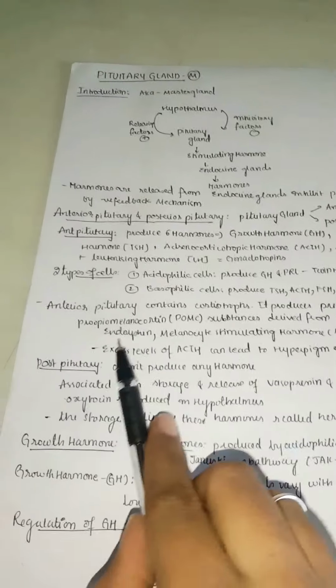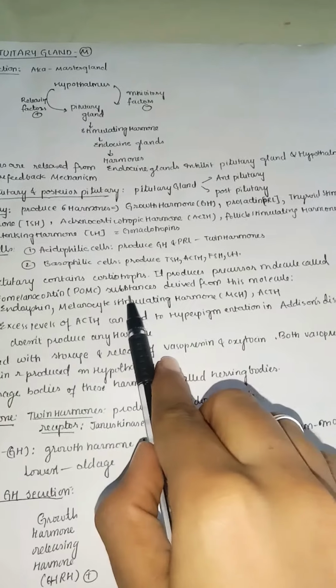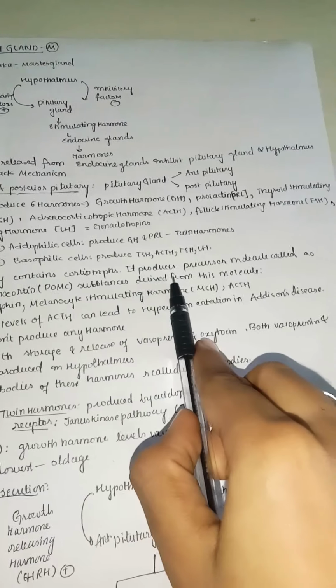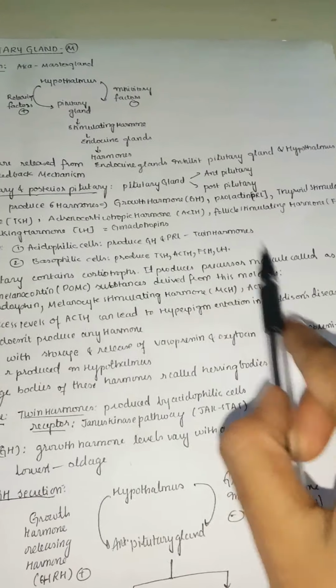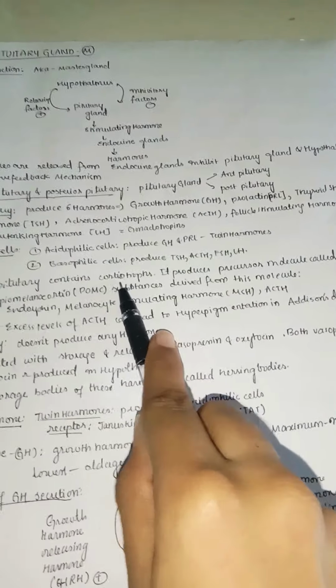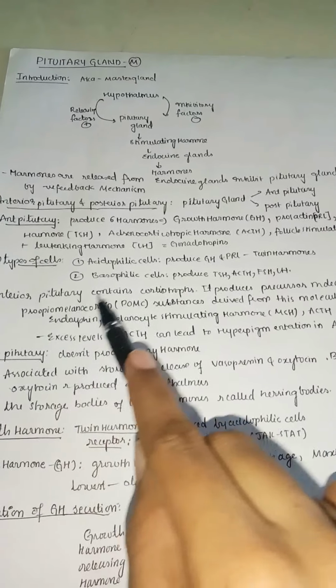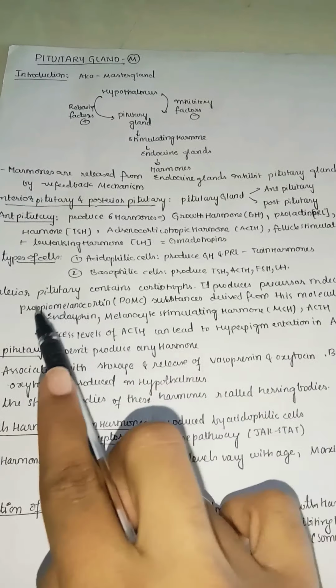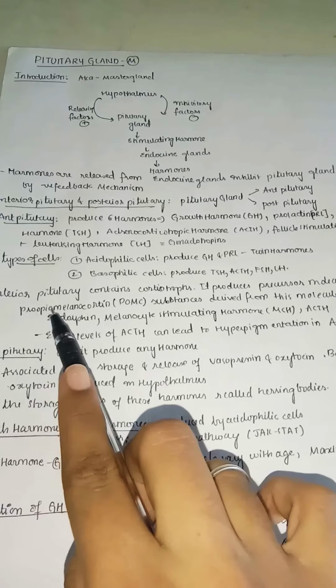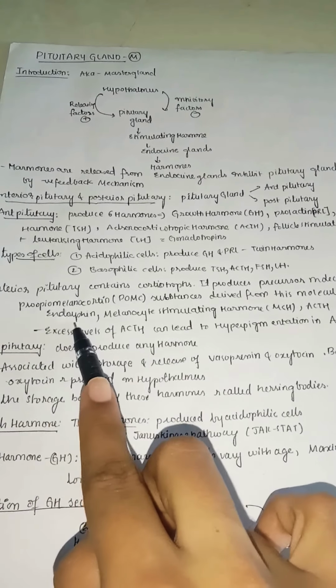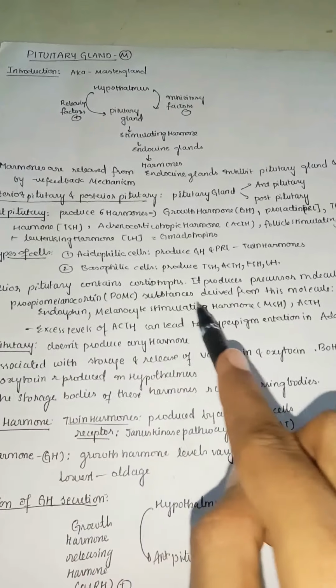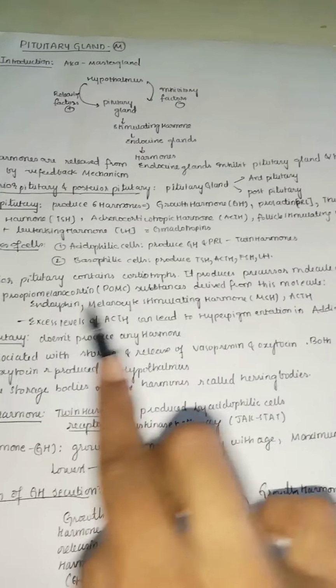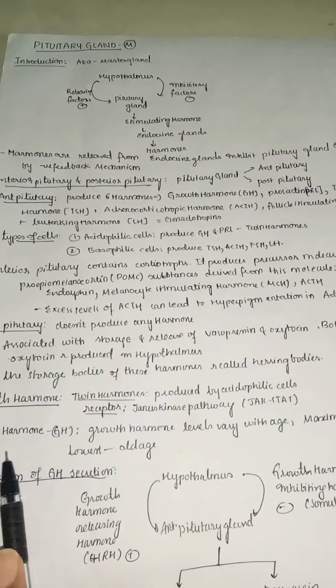So the corticotroph is the one producing the precursor molecule POMC.